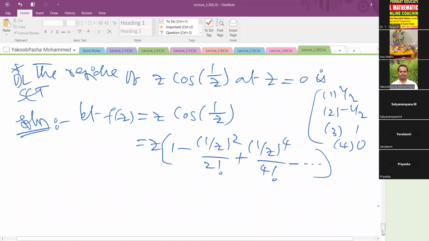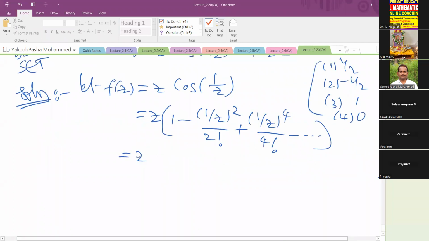So this is equal to z of 1 minus 1 by 2z square plus 1 by 24 z power 4 minus and so on.